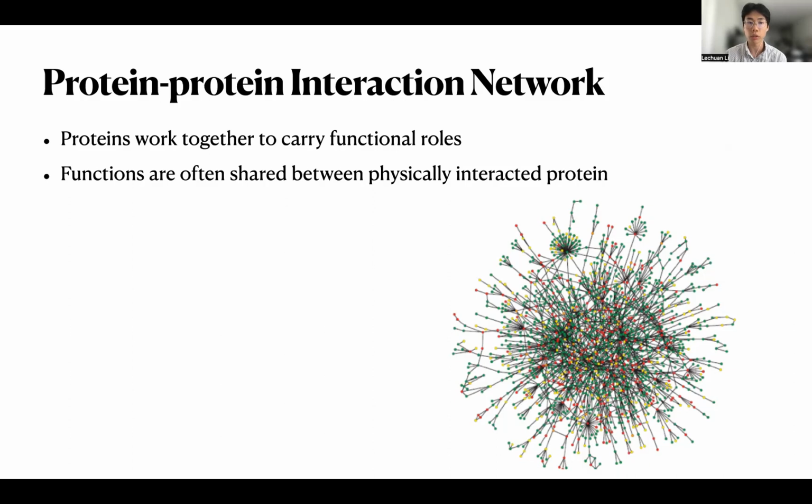One of the types of information used is protein-protein interactions. Proteins work together in organisms to carry out functional roles, so proteins that physically interact with each other tend to have the same or similar functions.